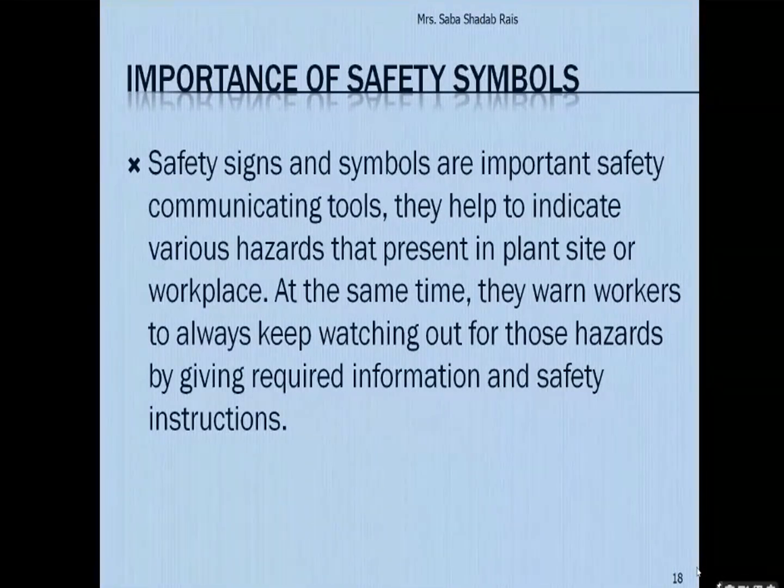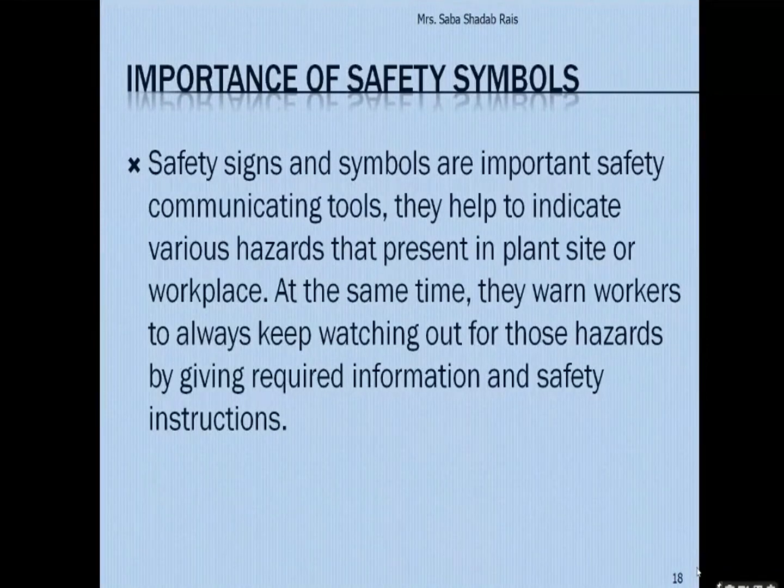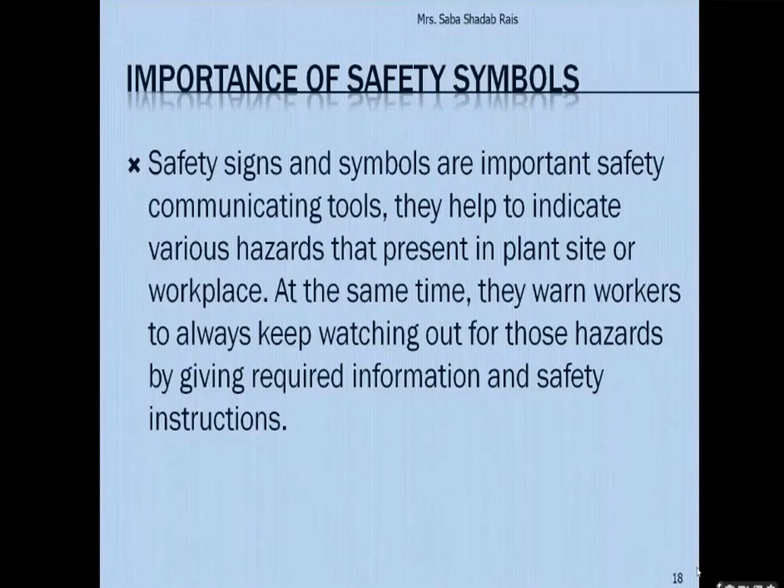Even in your college, you will find some places with safety symbols, where whenever they are cleaning, at that time they keep the board that the floor is wet so that you will not slip. So many types of safety symbols are there. These symbols are designed to warn the workers, and this will always remind you, yeah, there is a hazard, there is a slippery surface over there, there is a slope.